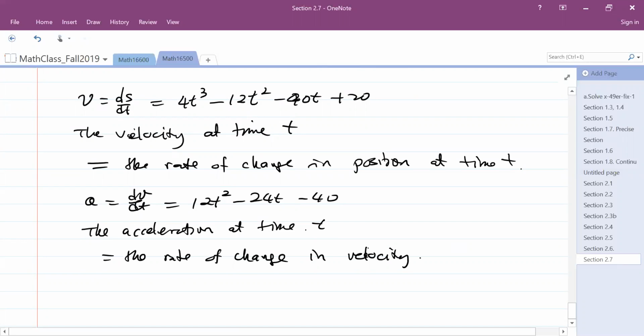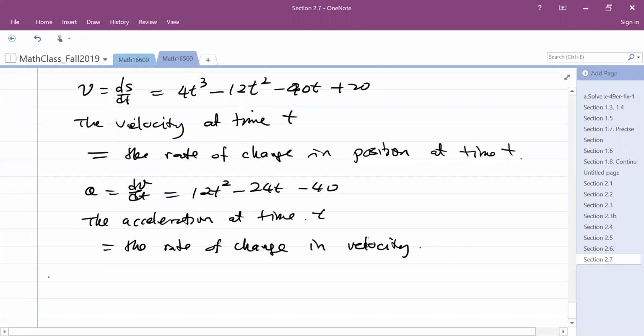Now our question is, at what time does a particle have a velocity of 20 meters per second? We have a number of questions to ask. Question 1: at what time t is the velocity going to be 20 meters per second?